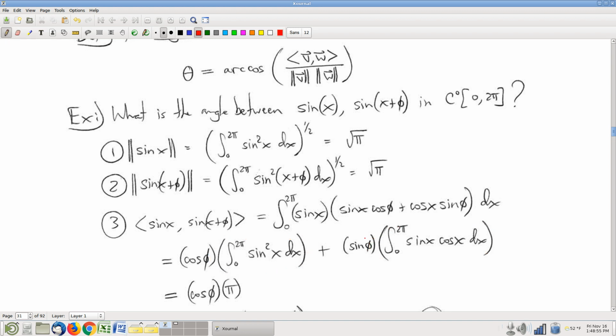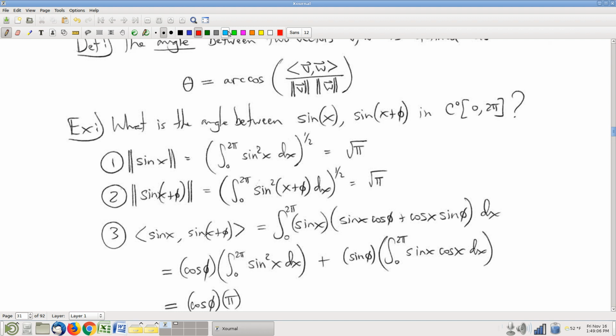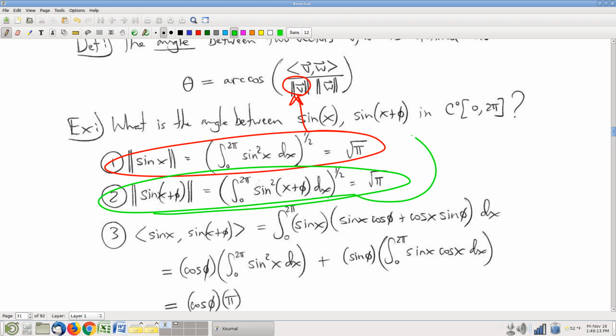So you get this as that inner product. So putting it all together, let's see here. That goes there. This goes there.